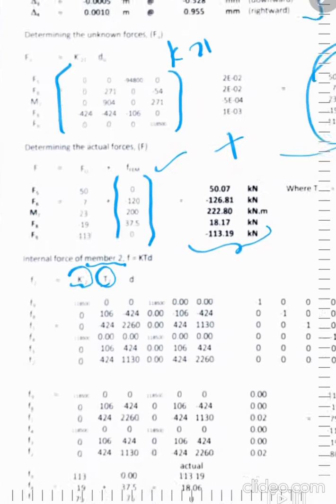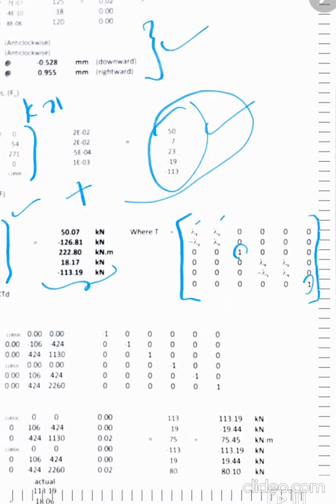So for the internal forces, we have K, this is the K of member number 2, and the transformation matrix for member 2. Just substitute the values of lambda x and lambda y of member number 2.